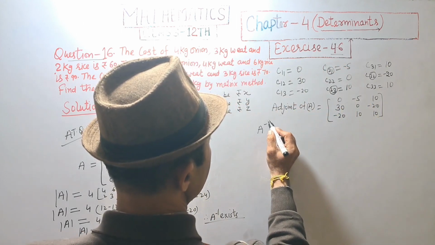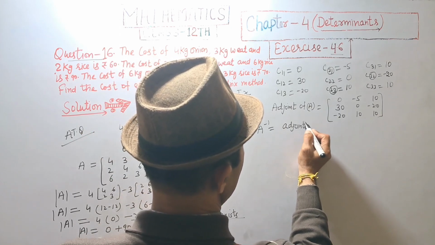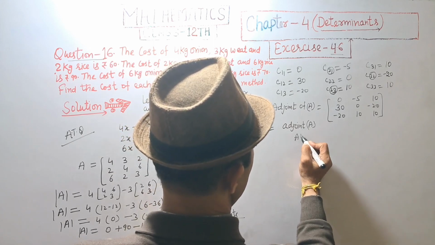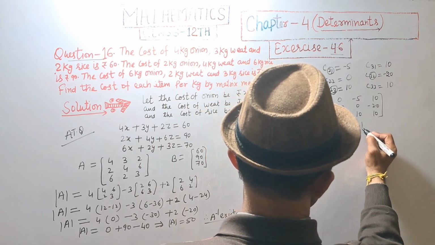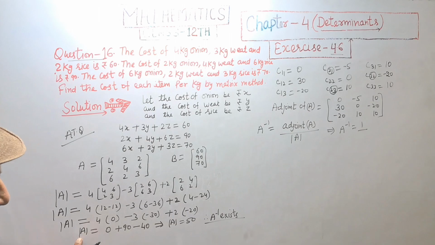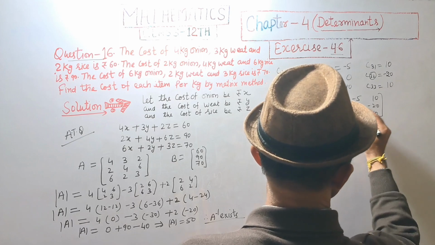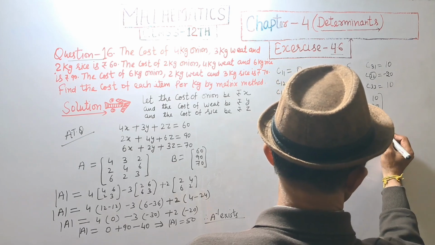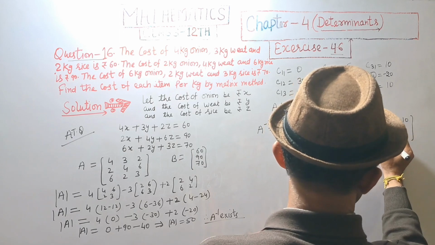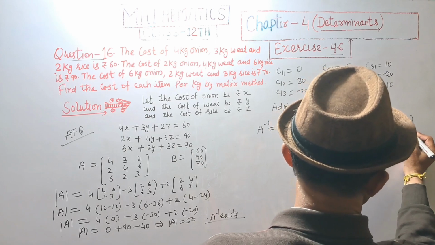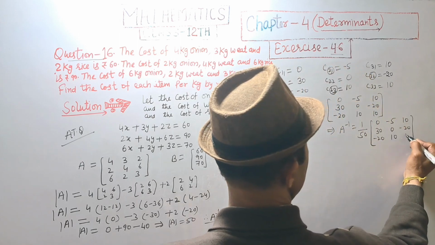A inverse is equal to adjoint A upon determinant of A. This implies A inverse equal to 1 upon determinant of A, we get 50, and adjoint A we have 0, minus 5, 10, 30, 0, minus 20, minus 20, 10, 10.